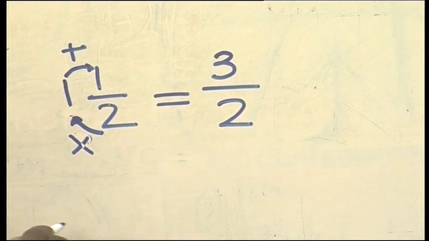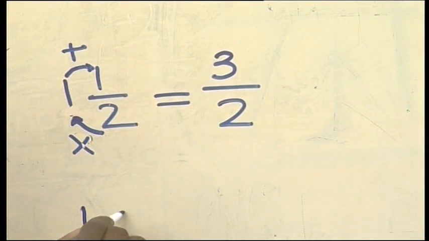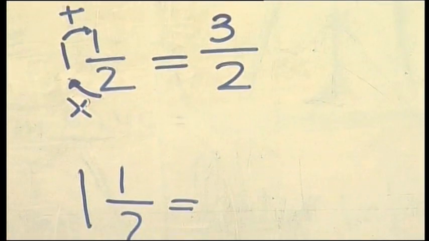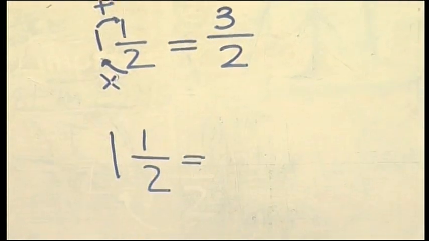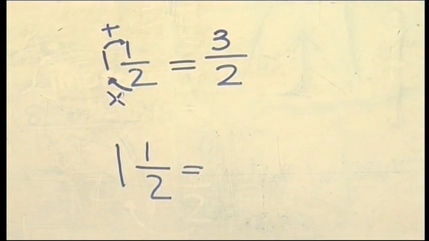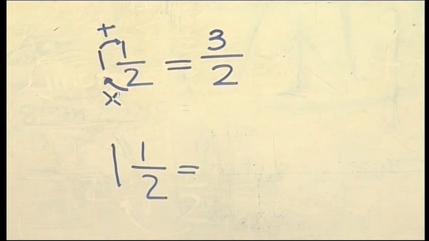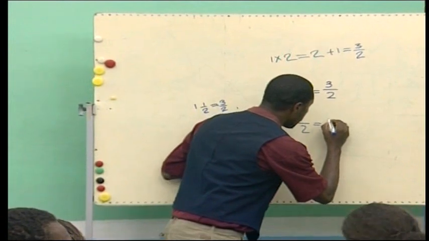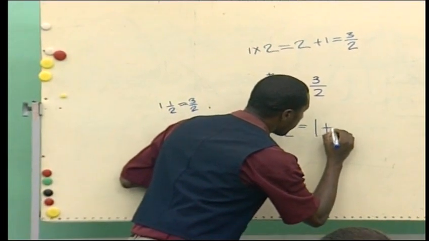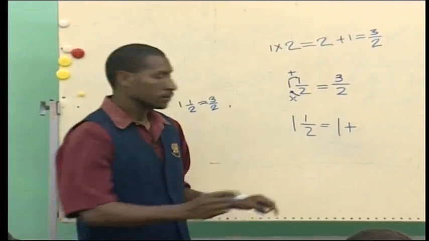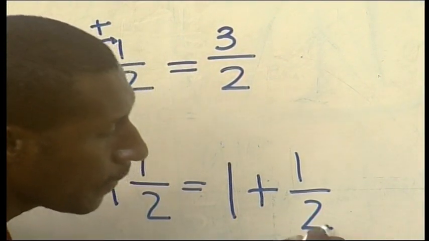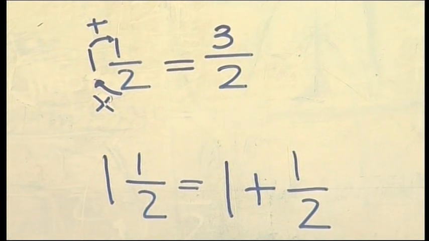The next method is, we said that this is a mixed fraction or mixed number. Now we also explained in the first place that a mixed number is represented by a whole number plus a fraction which is a proper fraction.